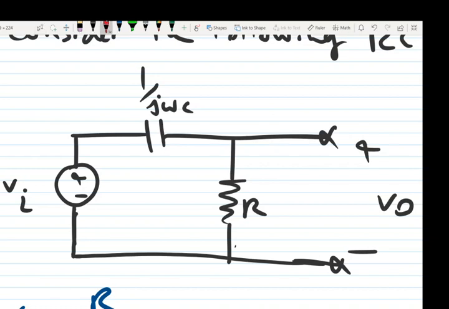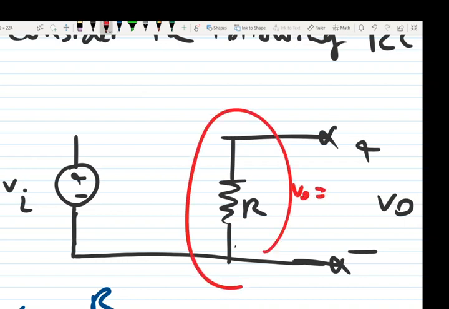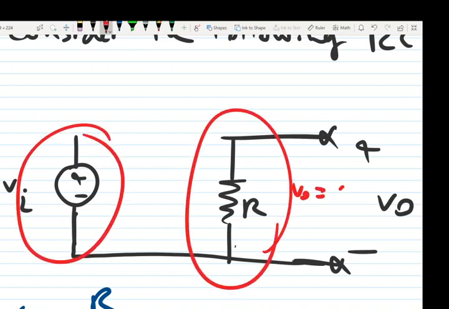So we have a capacitor here. If the frequency is 0, this capacitor acts like an open circuit. So what is VO? VO is not connected to Vin. So VO is 0. So for omega 0, VO is 0.